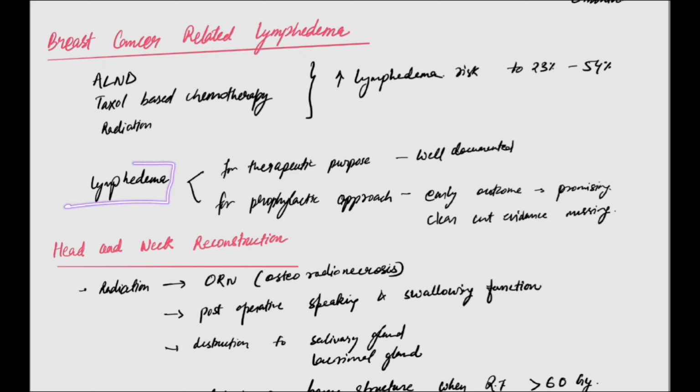For management of lymphedema, we can go for therapeutic purpose when lymphedema has developed, and in cases of therapeutic purpose, there is well documented evidence that it has good outcomes. And for the prophylactic approach where lymphedema has not developed but we are thinking about lymphedema surgery, earlier studies have shown a promising outcome, but the clear-cut evidence is still missing.